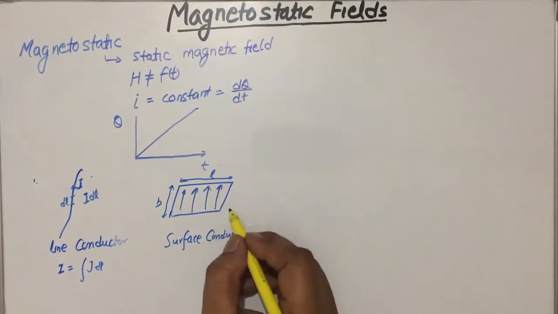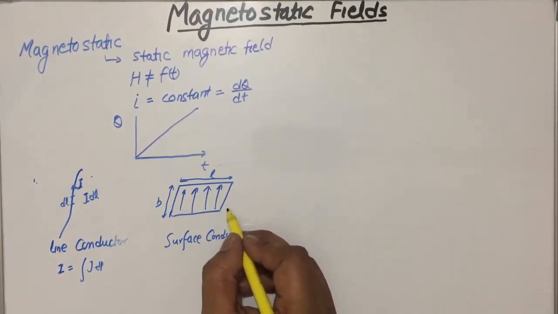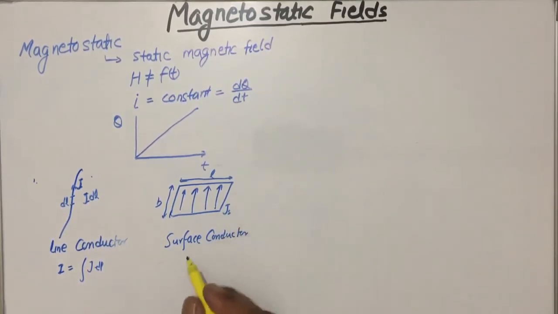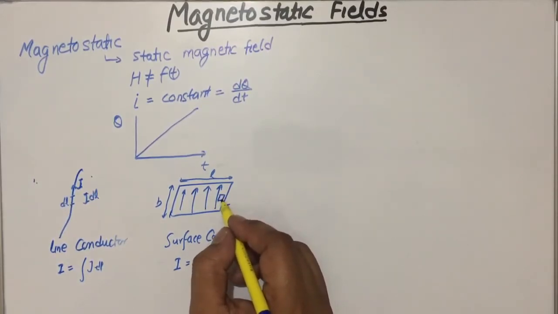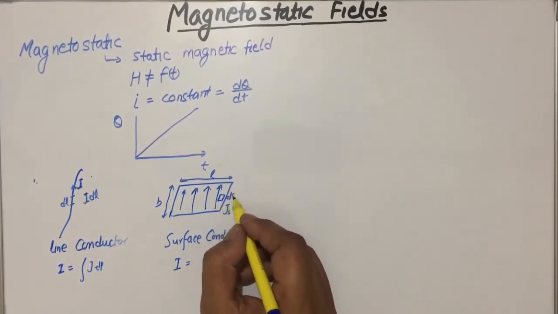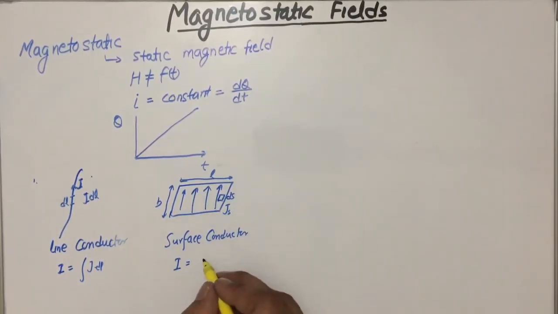we can say the surface current density is Js. If we consider any differential area, then from that differential area the current will be Js dot ds.